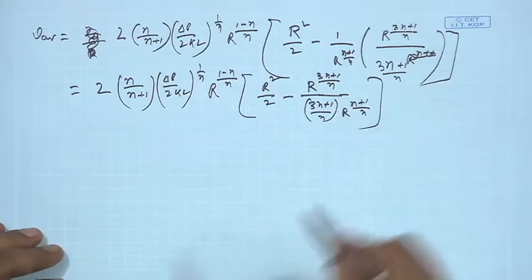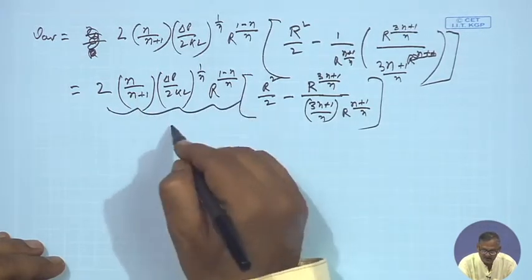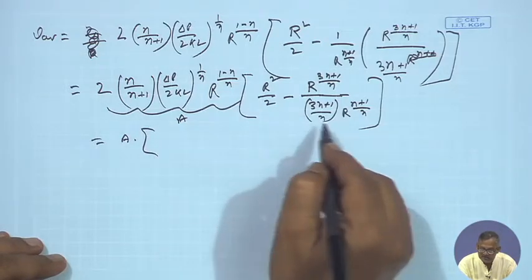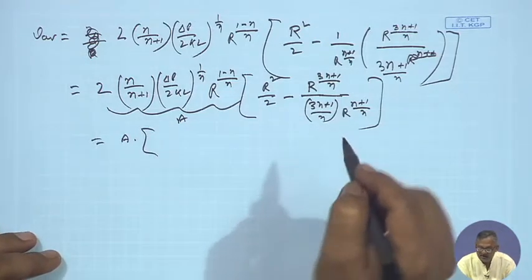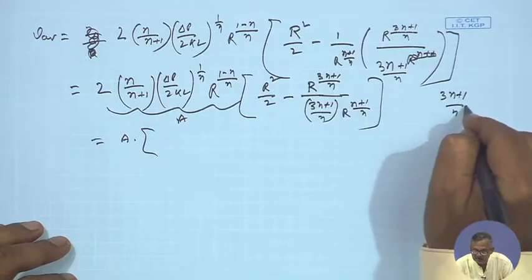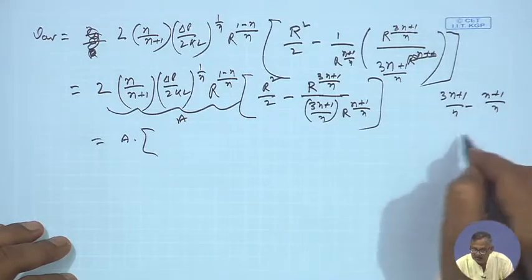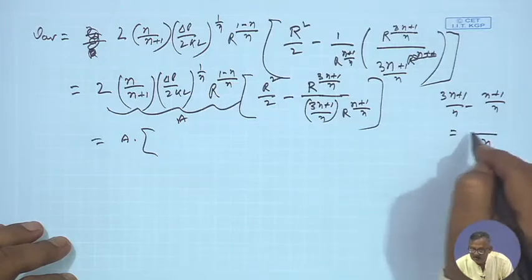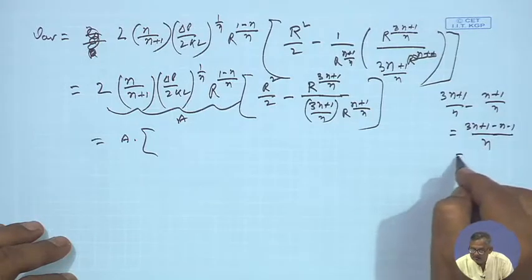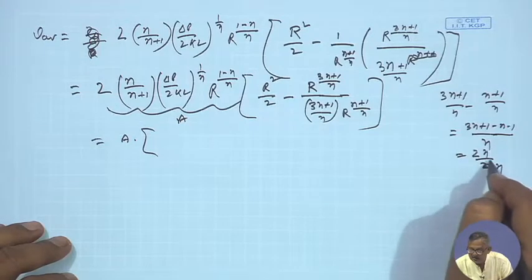So, on simplification we can write this term remains the same, a into r. So, r to the power 3n plus 1 by n minus n plus 1 by n, this becomes 3n plus 1 minus n minus 1, so this becomes 2n by n, right.